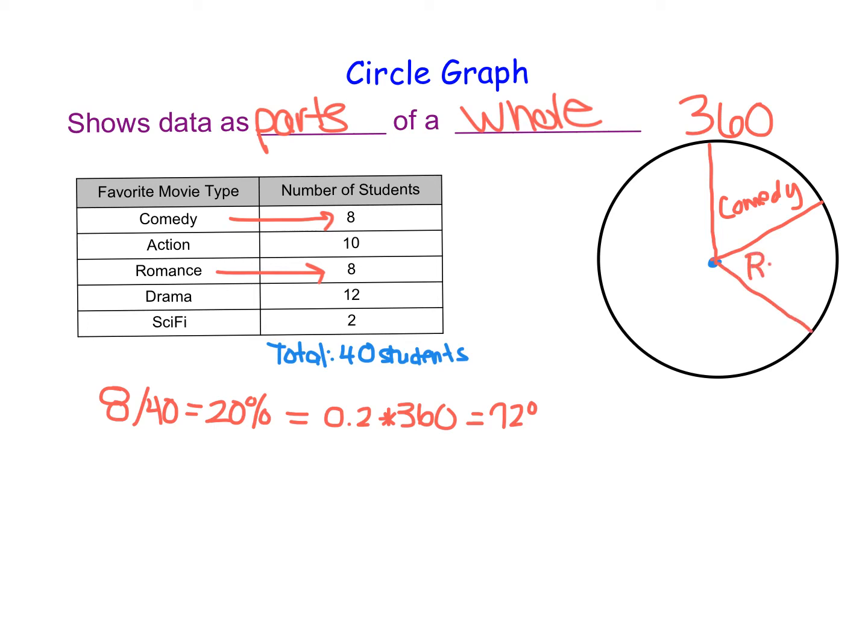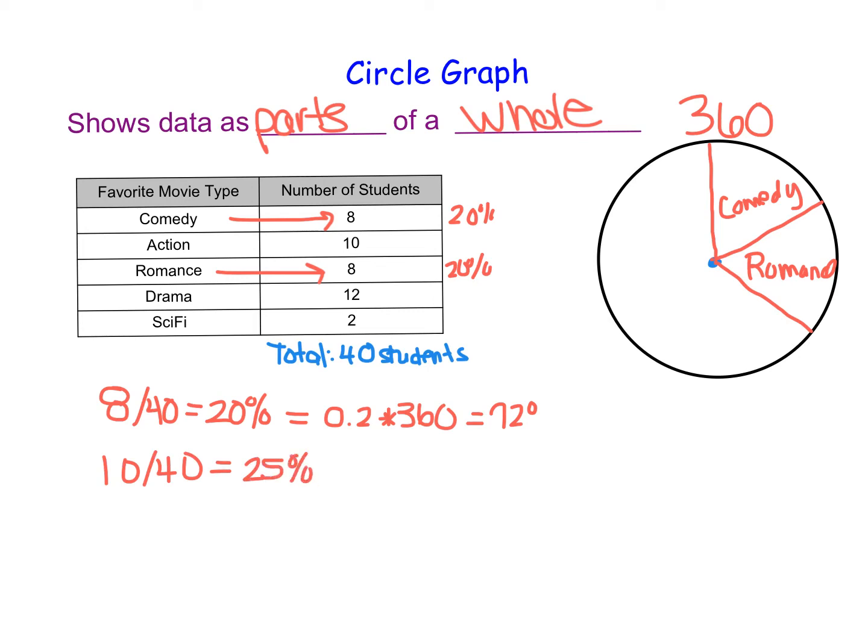So here is romance. I note that each of these encompasses about 20% of the graph. Now, if I do 10 divided by 40 for my action movies, I find that that's 25%.